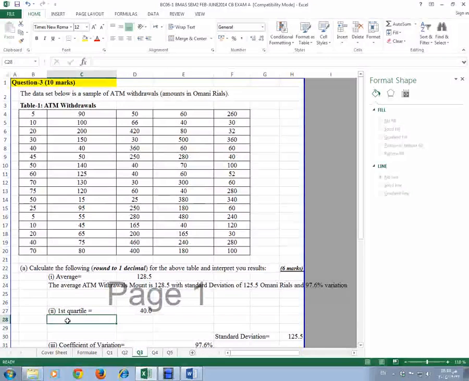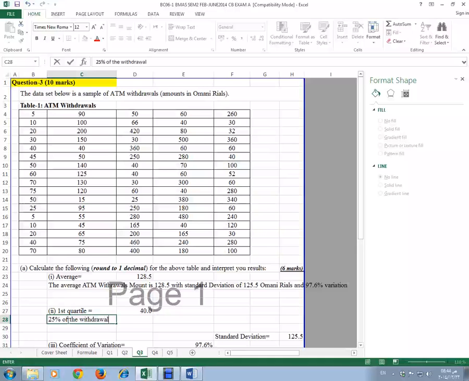So here we say 25% of the withdrawal amounts are less than or equal to 40 Omani reals.